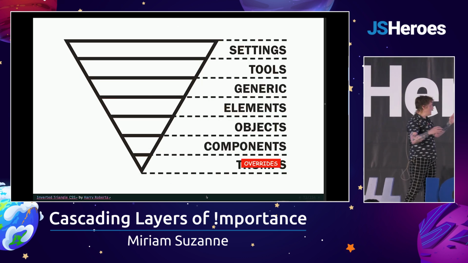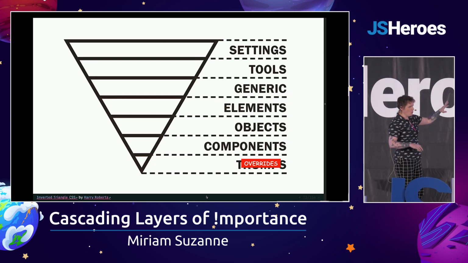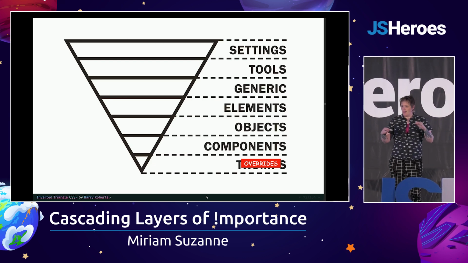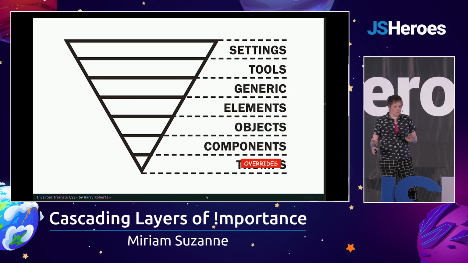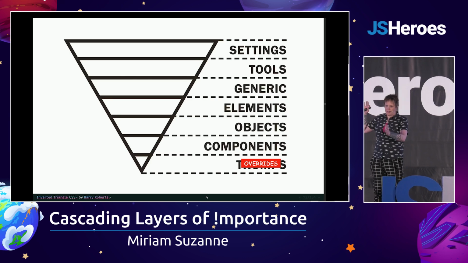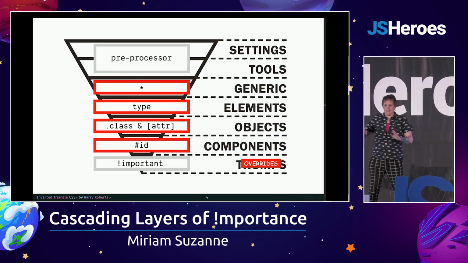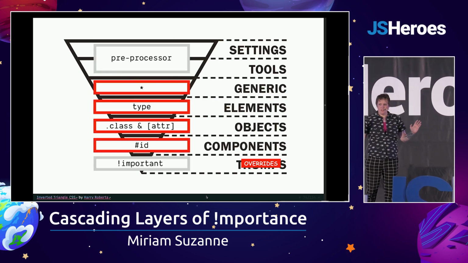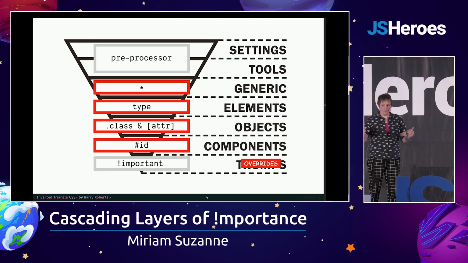And he sort of breaks this down into layers, settings and tools at the top. Those might be in our preprocessors or JavaScript or whatever, and then we start to get to, we can see that these a little bit match the different selector levels, right?